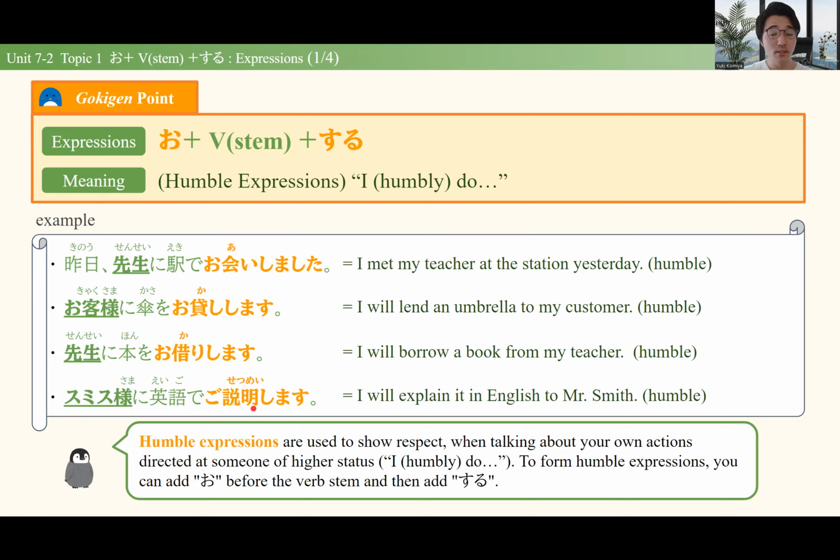So 説明する, these kanji plus する verbs, like 説明する or 案内する, not all of them, but they tend to take ご instead of お. So ご説明します. This is a bit irregular, so there are a few exceptions like this, but basically speaking, all verb stem する can make your action humble.